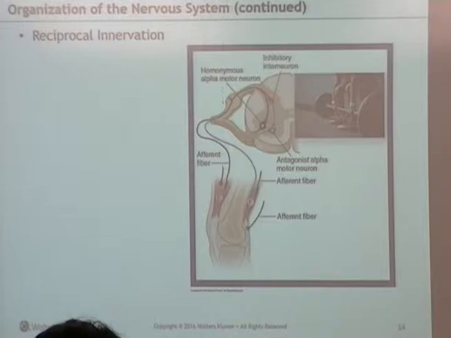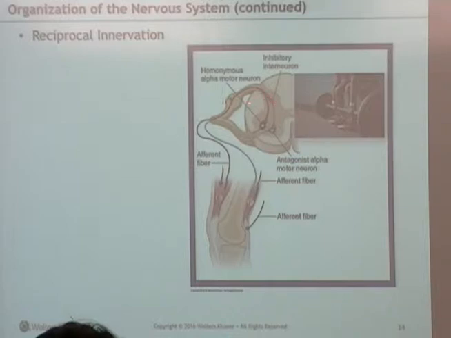One of the interneurons is called the facilitator interneuron, and that will go back to the muscle. The interneuron will then connect to the motor nerve, and the motor nerve will tell the muscle to relax or contract, depending on which sensory organ sent the signal.